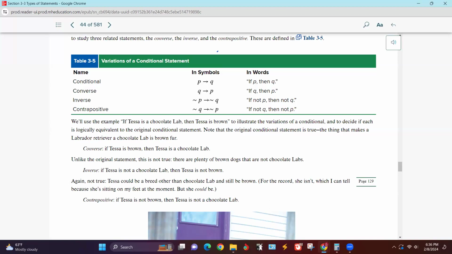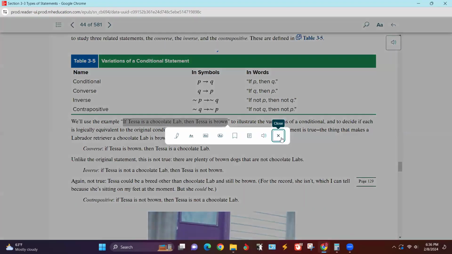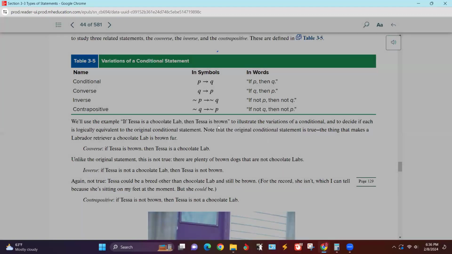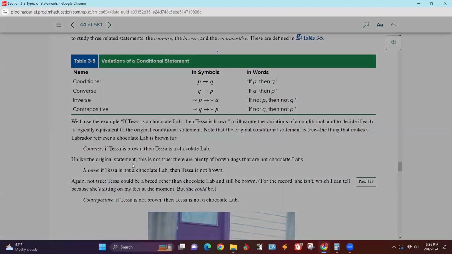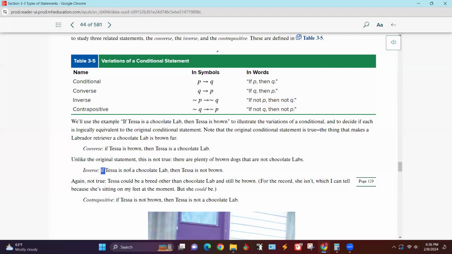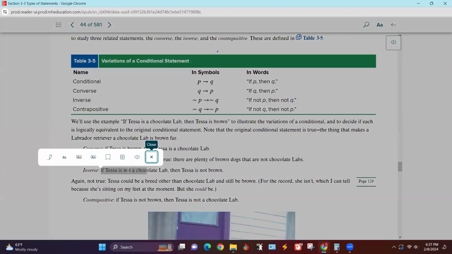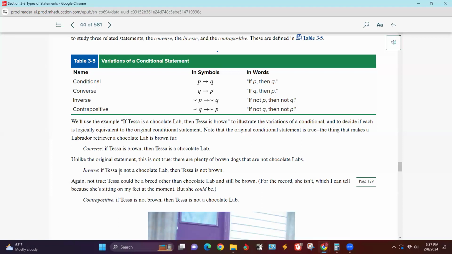To do the inverse, we go back up here, and then we just negate them in that same order. In other words, Tessa is not a chocolate lab. So if Tessa is not a chocolate lab, then Tessa is not Q, or not brown.